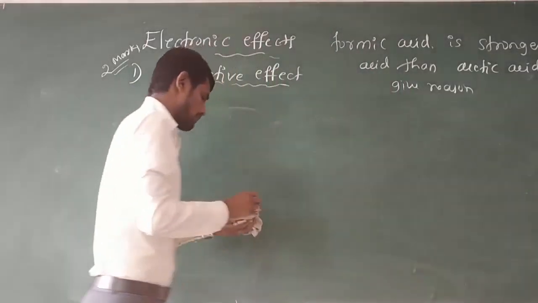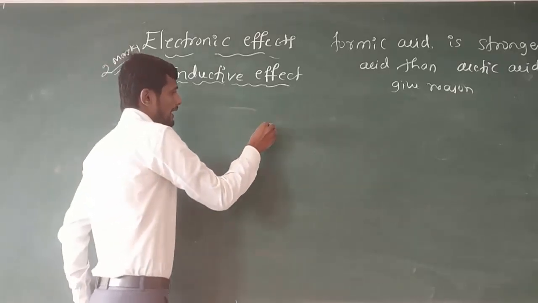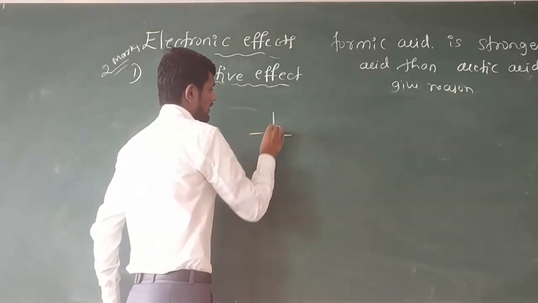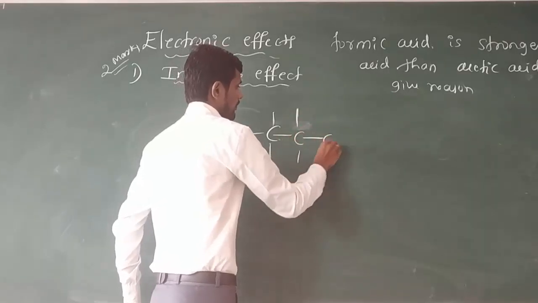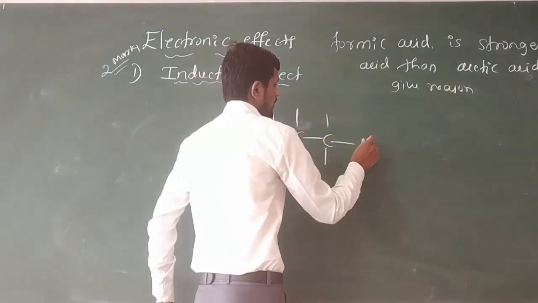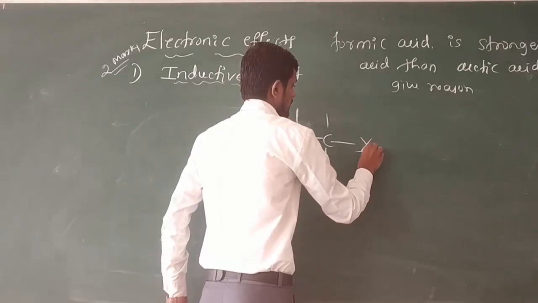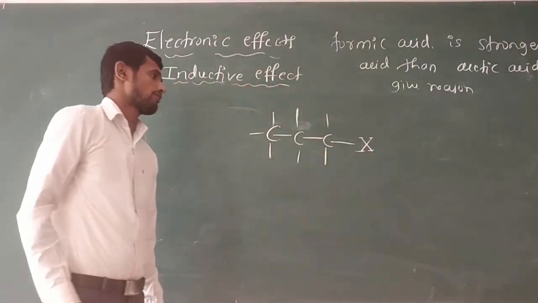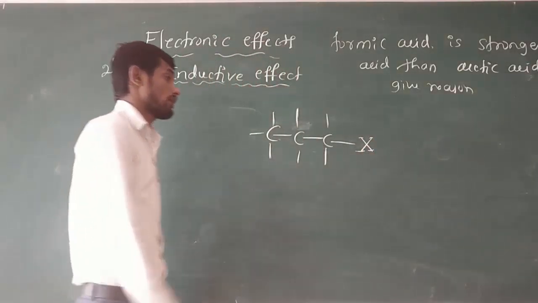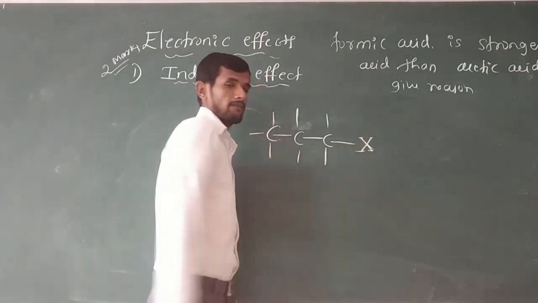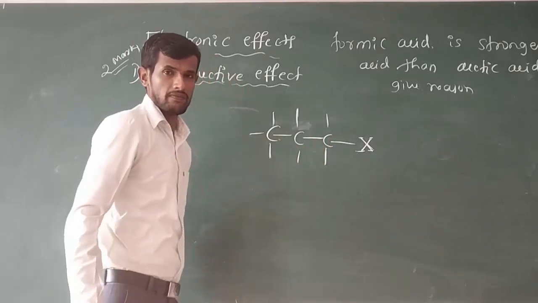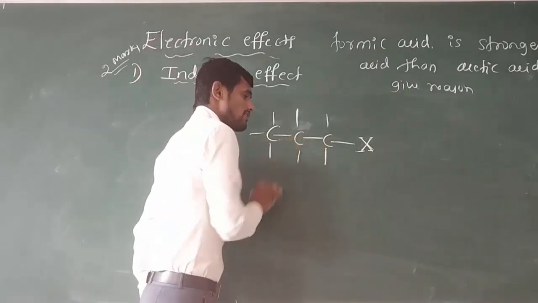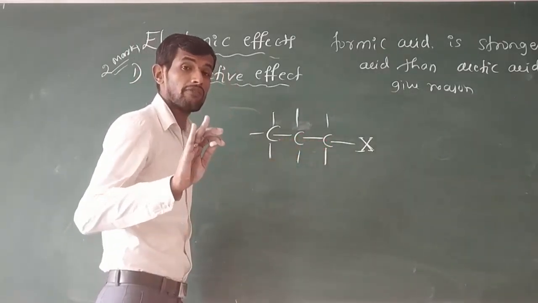Okay students, you remember another one point. If I take the example like this, yes, here one of the substituent group or functional group is present here, or more electronegative atom is present here. If the distance increases, the inductive effect decreases.